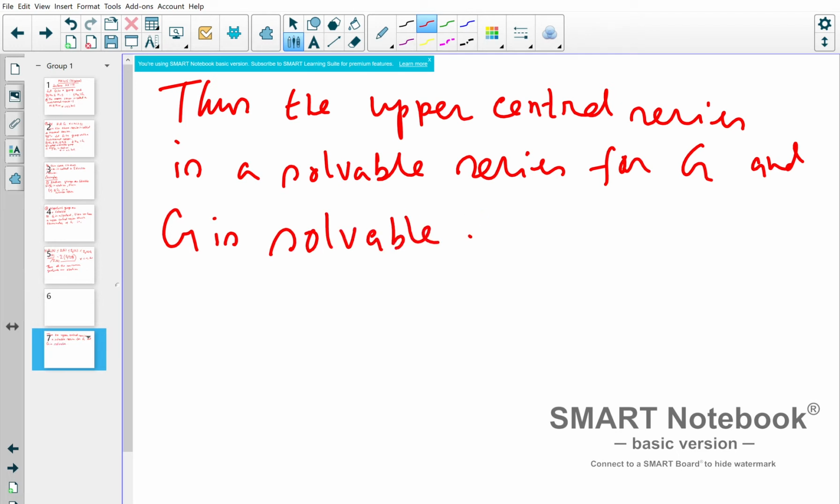Okay. So the two important classes are already solvable. You know that. So that means solvability is kind of bigger than abelian and nilpotent, right?